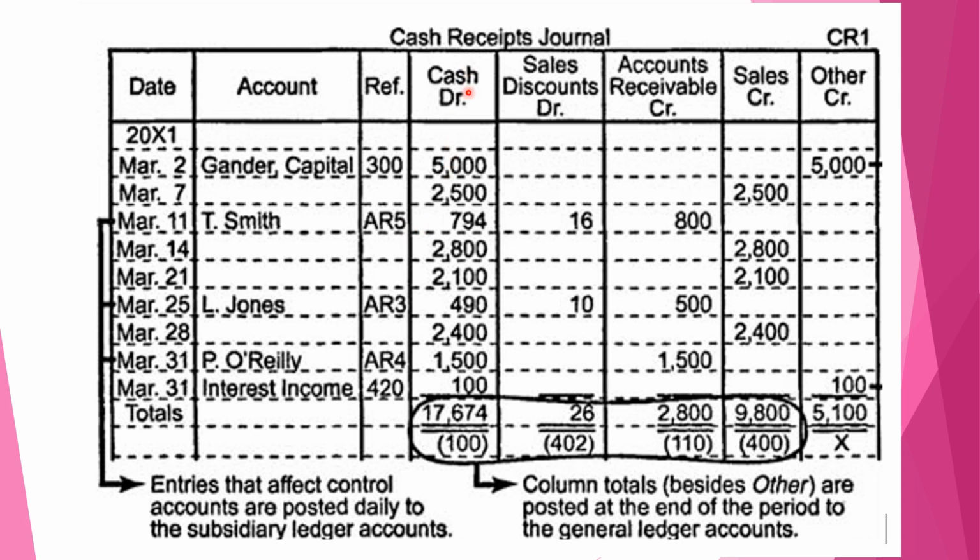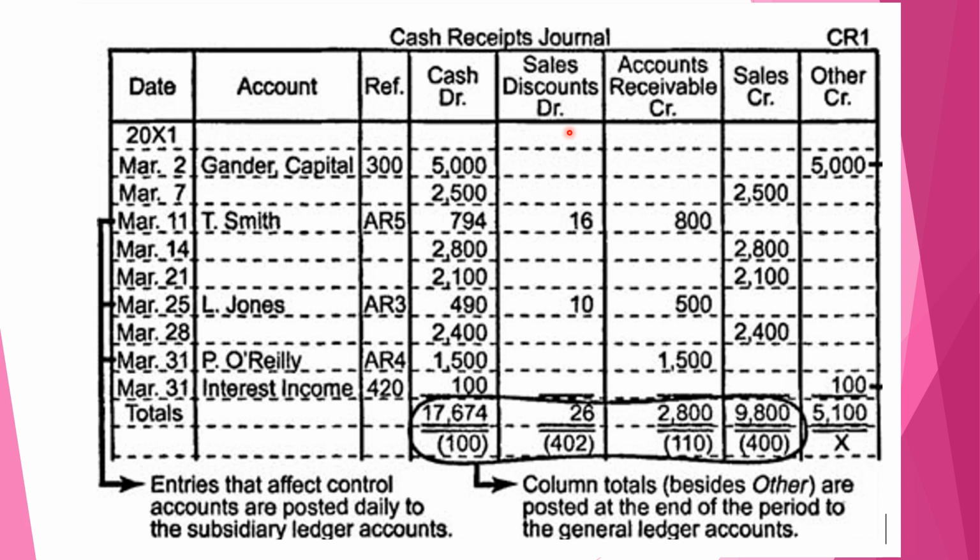Here, the debit cash column represents the amount of cash received for a particular transaction. Then we have major categories of receipts, such as cash sales and collection of accounts receivable, which are provided with separate columns. These transactions are frequent and repeated items, so a separate column is provided.